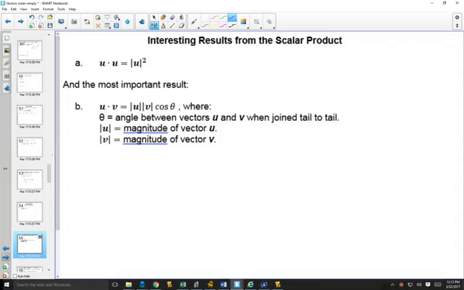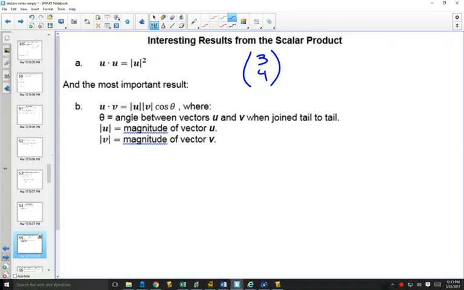But an interesting thing that happens is that when you do the dot product of a vector and itself, you will always get the length of the vector squared. Now that should make sense, because if I took the vector (3, 4), we should know that the length of that vector is going to be 5 because it's a 3, 4, 5 triangle.